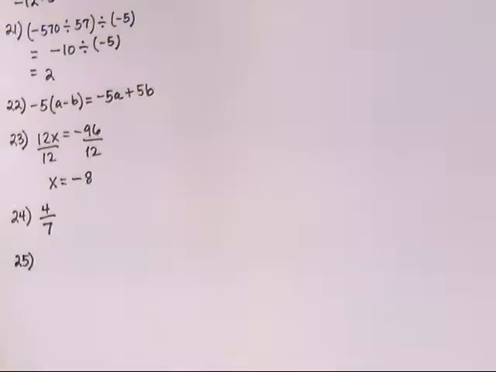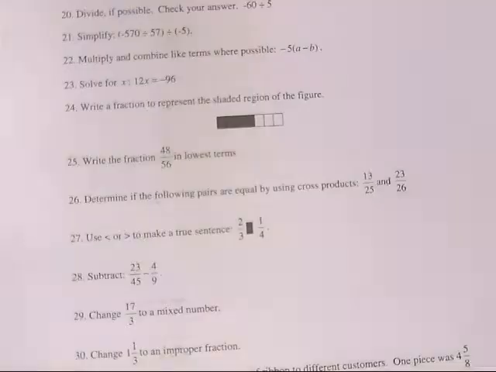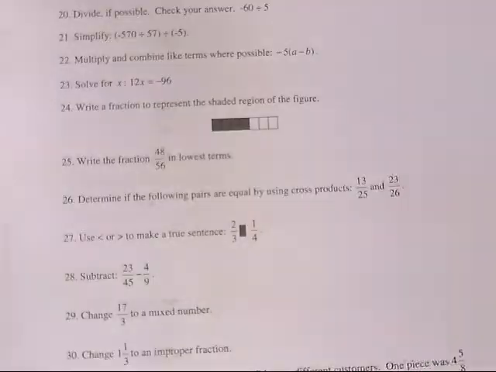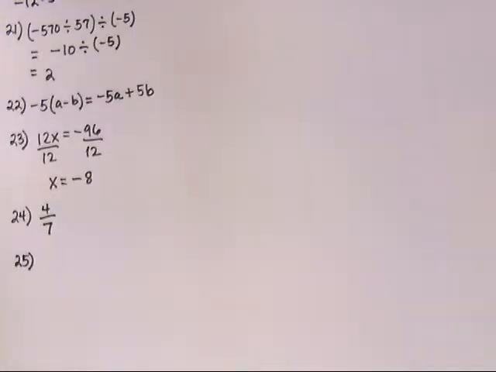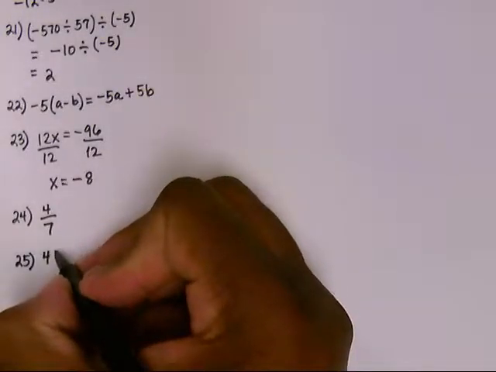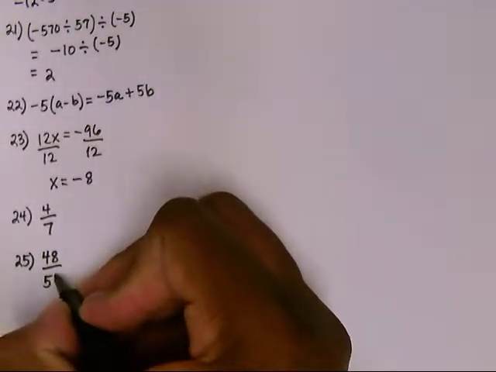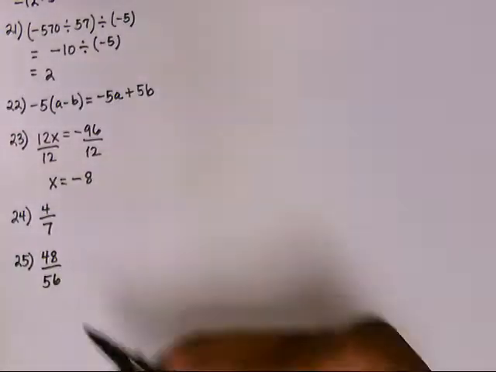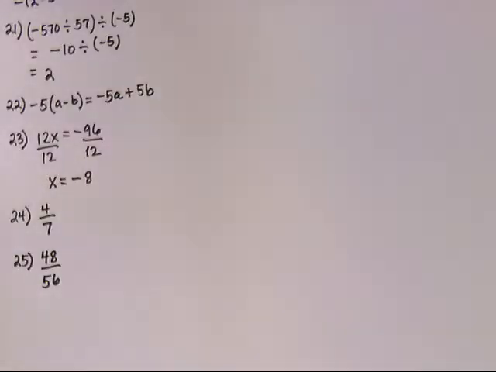Alright, number 25. Write the fraction 48 over 56 in lowest terms. Now, there are many ways that you can reduce 48 over 56. A quick way is to find the largest number that can go into 48 and 56.